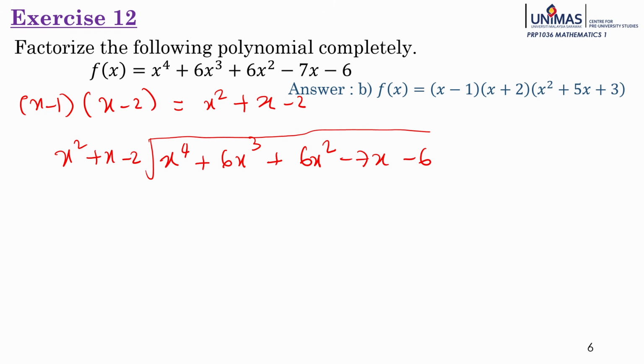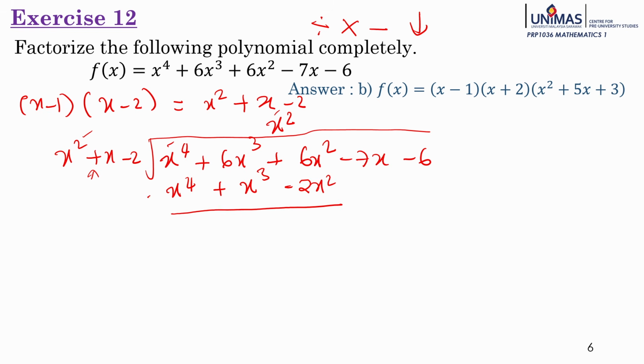Remember in the long division method: divide, multiply, subtract, bring down. x to the power of 4 divided by x squared, here we get x squared. x squared times this, you get x to the power of 4 plus x cubed minus 2x squared. Then subtract, you get 5x cubed plus 8x squared, and bring down.